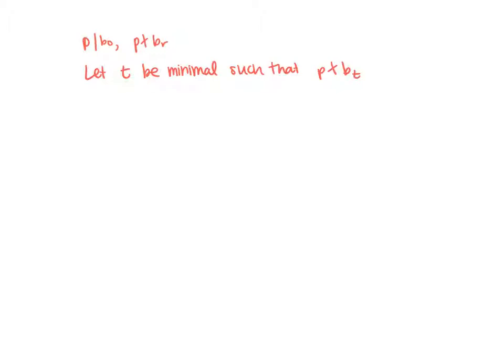Find the first one that is not a multiple of p, and we'll call that b_t. And then let's look at the corresponding coefficient in f, a_t. Well, if you FOIL out the product of g and h, this is b_t times c_0 plus b_(t-1) times c_1 plus everything up to b_0 times c_t.